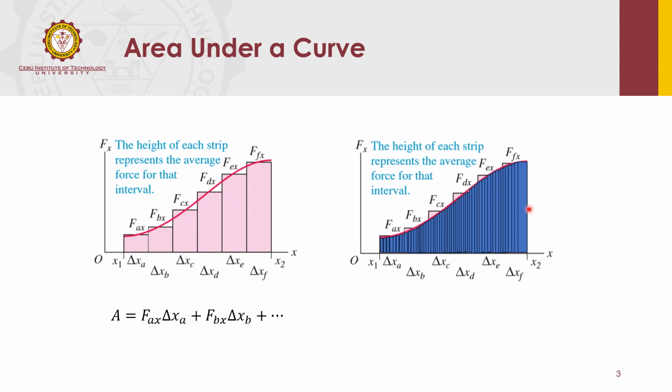We transform the delta x into the differential of x, so we let the change in x approach 0. We transform this equation into a definite integral: the function multiplied by the differential of x, the width of the vertical strip, evaluated from x sub 1 to x sub 2. So from this point to this point.